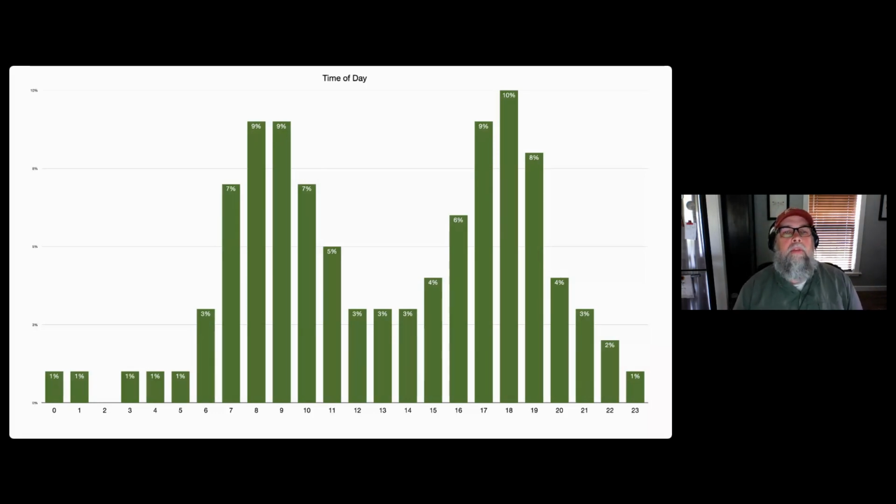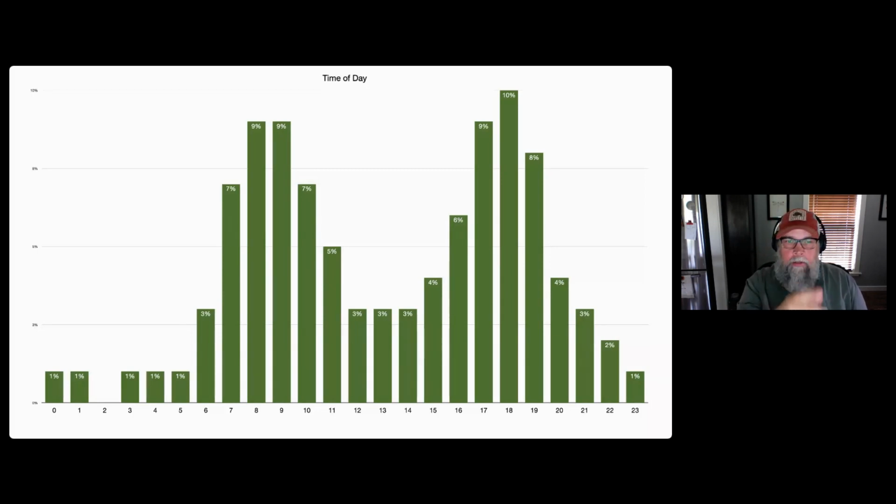If I can do the quick math, 18 plus 14 is 32, and then 19, 27, 34, 32, and 34 are 66%. So 66% of the pictures I've taken are within an 8-hour span of the day. Another way to look at it, 66% of the pictures I've taken were taken in one quarter, 25% of the entire day.